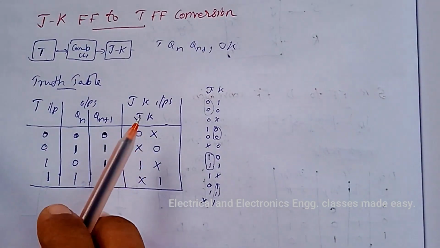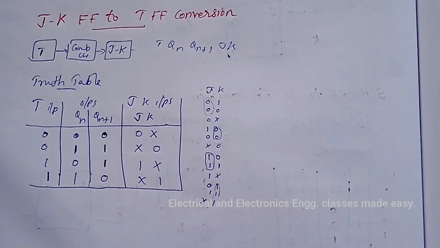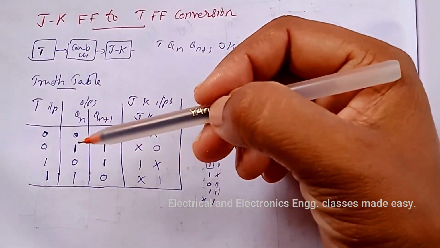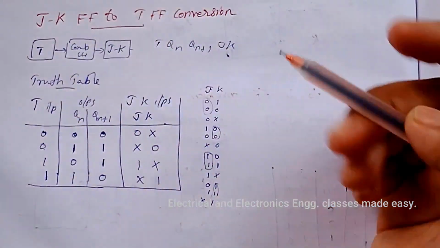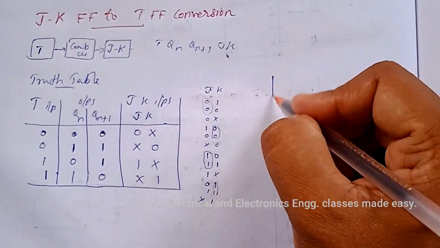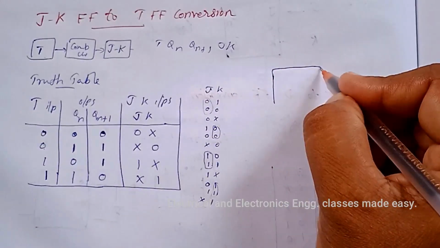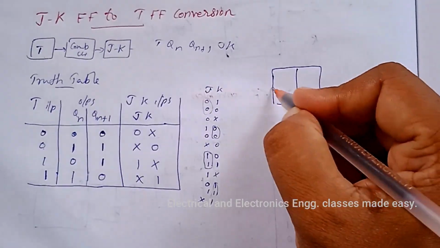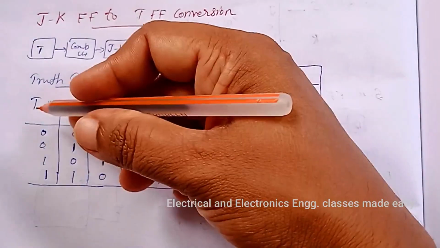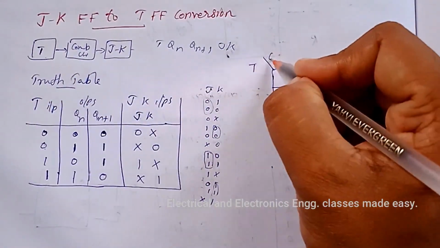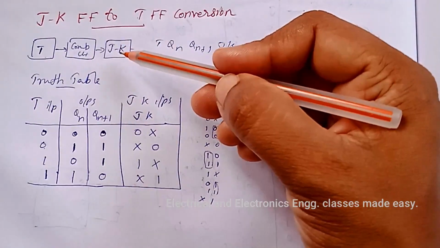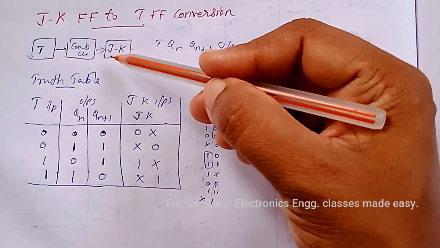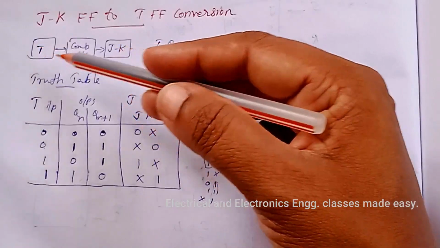Now we have to design J and K using K-map. So here the variables are T and Qn. So two variable K-map we have to draw, with the variables T and Qn. So J and K we have to get in terms of T and Qn.